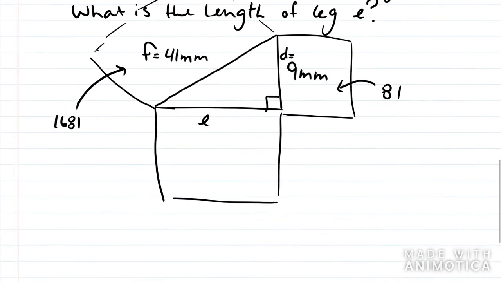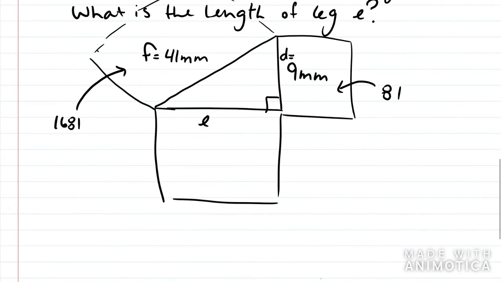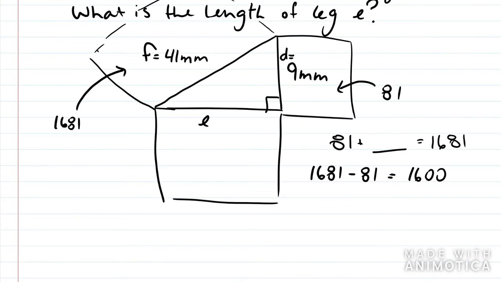Well, what we've been doing is adding them. But because this is a leg, it's actually going to be 81 plus what we don't know equals 1,681. To find the unknown, remember, that's just an easy subtraction. So 1,681 minus 81 gives us 1,600.